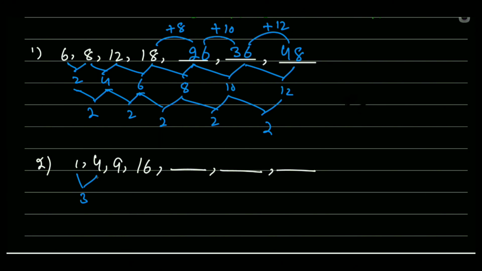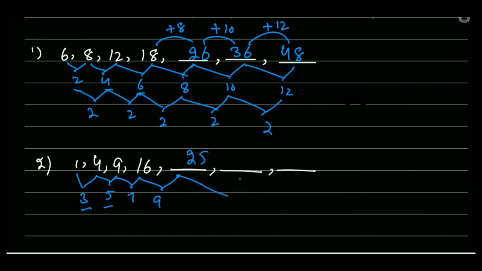4 minus 1 is 3, 9 minus 4 is 5, 16 minus 9 is 7, and you can see this sequence 3, 5, 7. It means the next difference will be 9. So if you add 9 to 16, you will get 25.